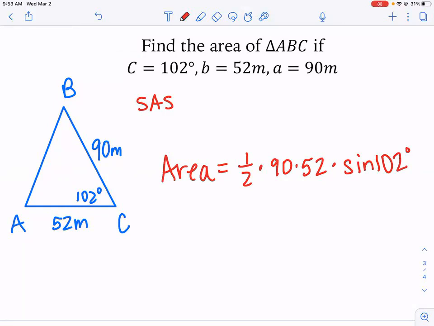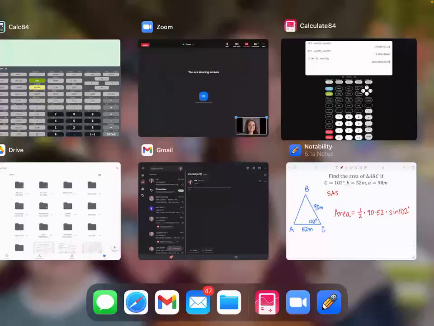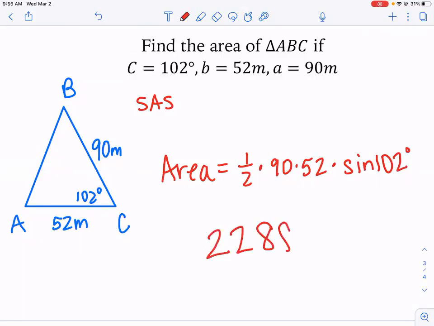Now, you have a really nice calculator. There is no need for you to press the equal sign more than one time. In your calculator, literally type in 1/2 times 90 times 52 times the sine of 102 degrees, just all at once. Or my decimal places, 87.